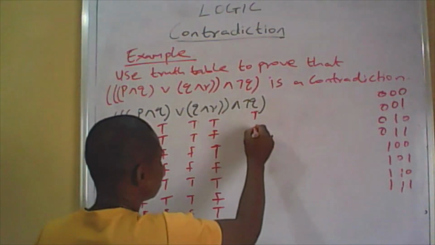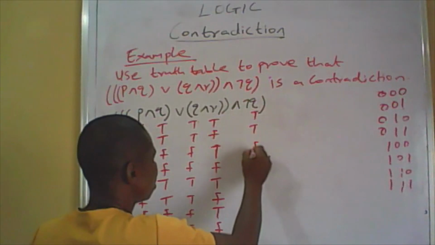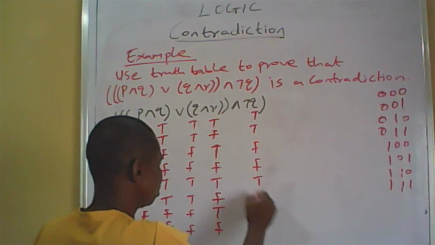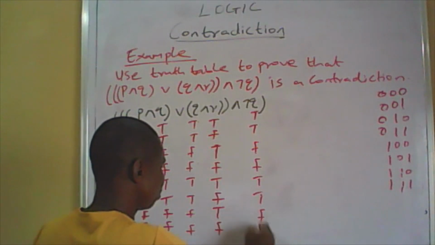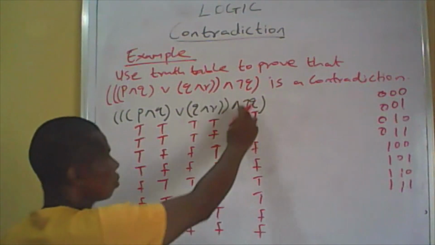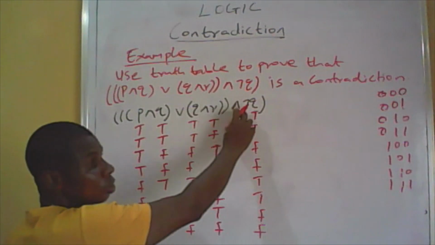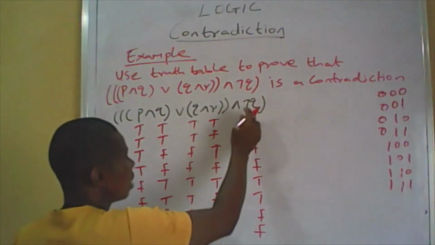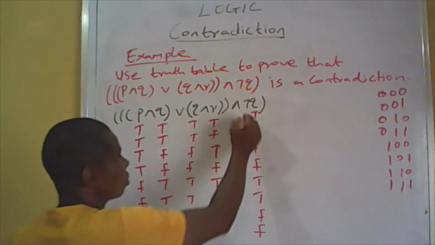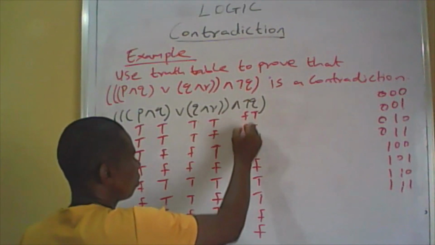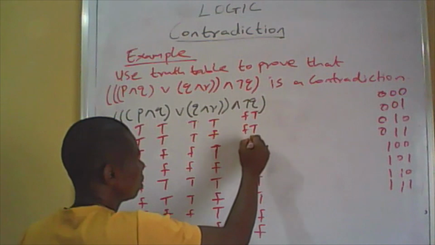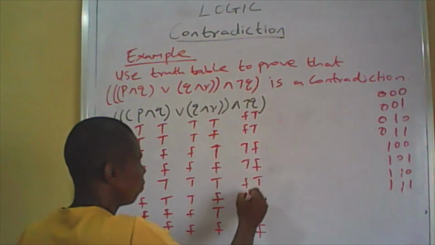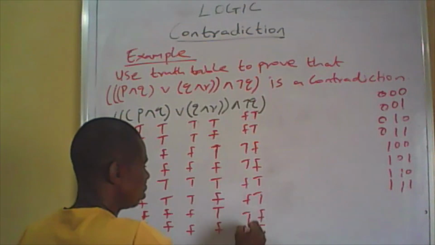You have T, T, F, F, T, T, F, F, before we negate it. Then under the not connective, you are going to write the negation. That means anywhere it is T, it will be F. So here it will be F, F, T, T, F, F, T, T.